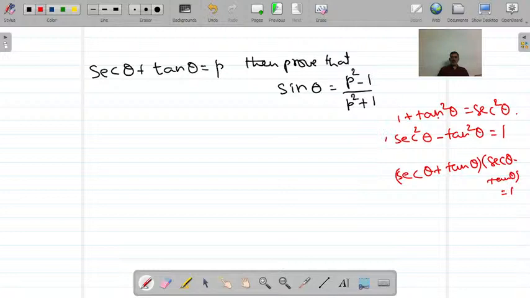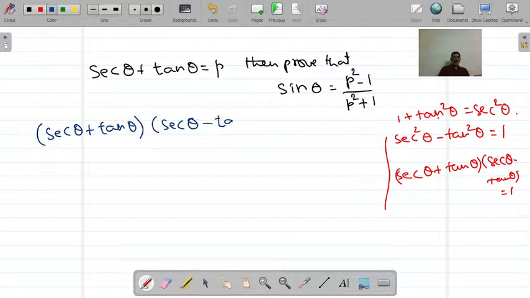Now simply you apply it here. Then what happens? You observe secant theta plus tan theta into secant theta minus tan theta equal to 1.